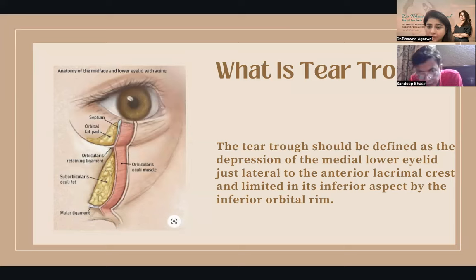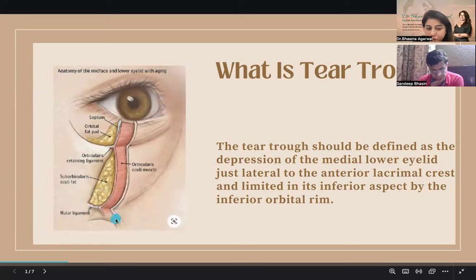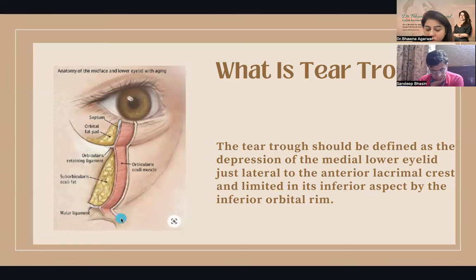So we are below the muscle. When we inject at the ZCL, we are putting the product here, so we are supporting the ligament from beneath. And when we are injecting the SOOF, we are replenishing the SOOF.